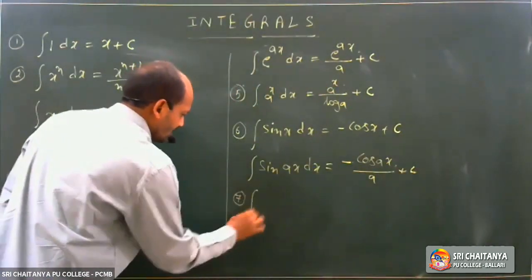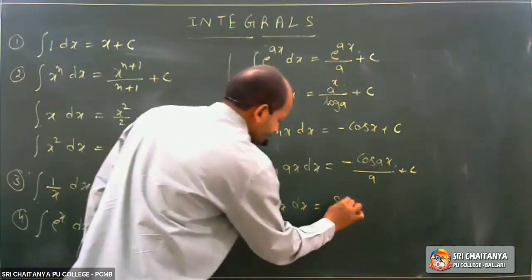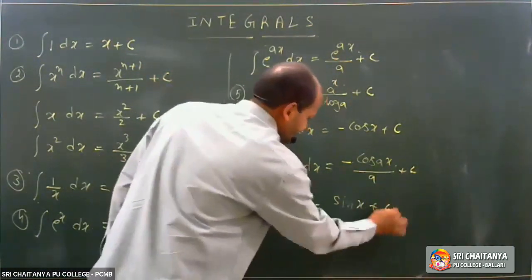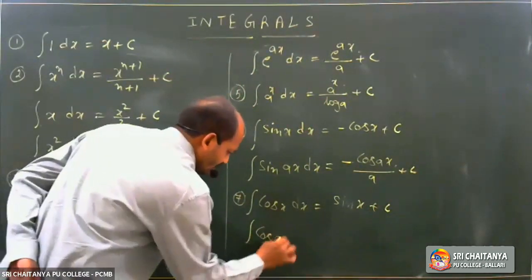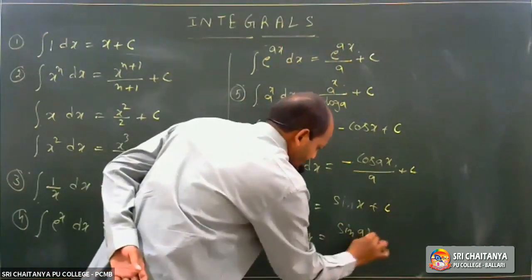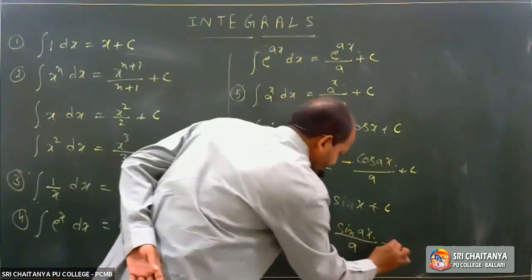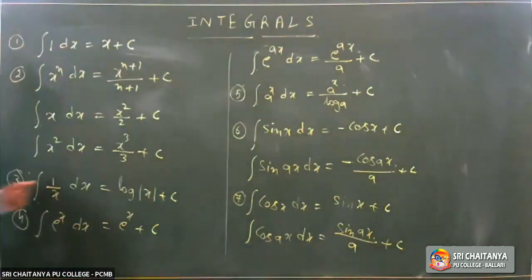Seventh one: integral of cos x dx is sin x plus c. Same way, integral of cos ax dx is sin ax divided by a plus c. Write down.